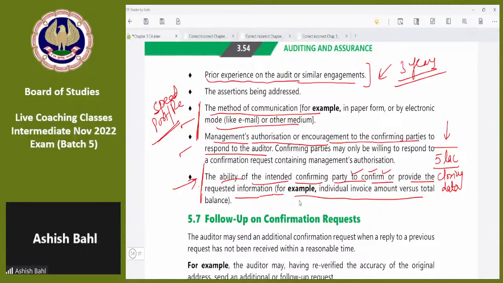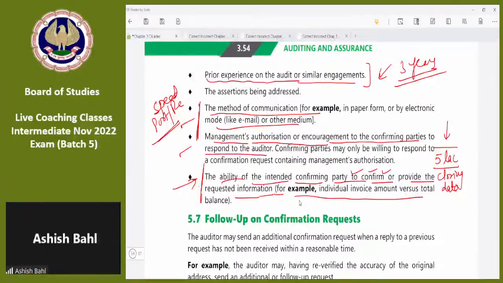External confirmation is nothing but an audit procedure. It is a way of how the auditor collects the audit evidence. It is one of the procedures how the auditor obtains the audit evidence.